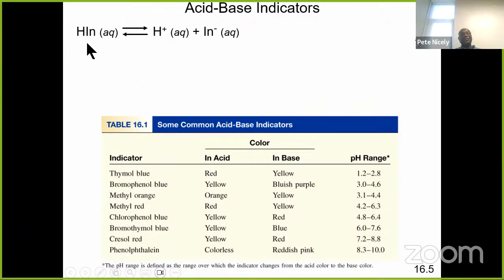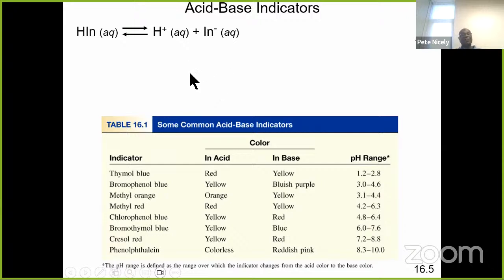Now, the thing about these molecules is that they are typically colored. So you might have one that is, let's say, blue, and another one that is, let's say, yellow. In this particular case, if you have more of the blue molecules than the yellow molecules, then the solution will be blue, and vice versa.